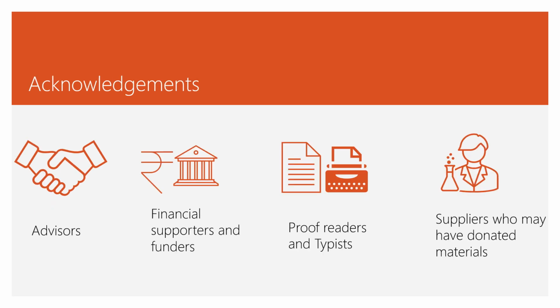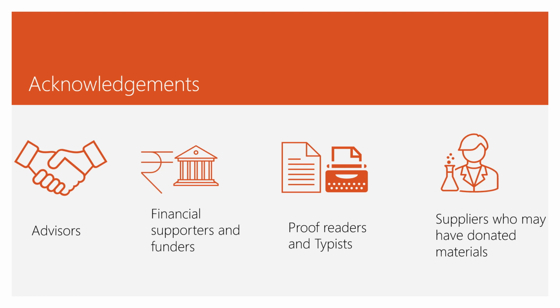After the conclusion, there is an acknowledgement section. In the acknowledgement section, you acknowledge various persons such as the advisors. You can acknowledge the funding agencies or the financial support for your project work or your research article. If anyone helps you with proofreading or typing your article, then such persons do not become authors of your research article.